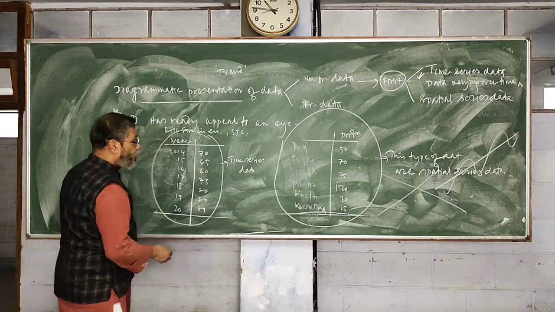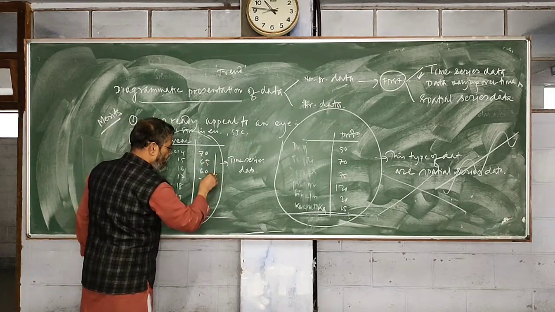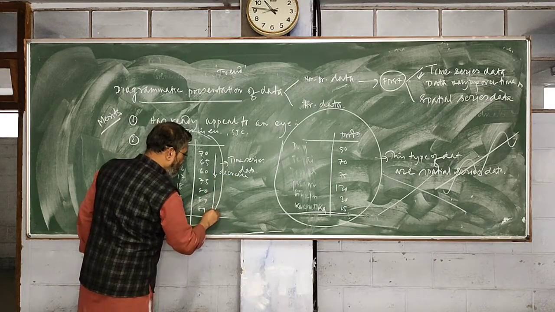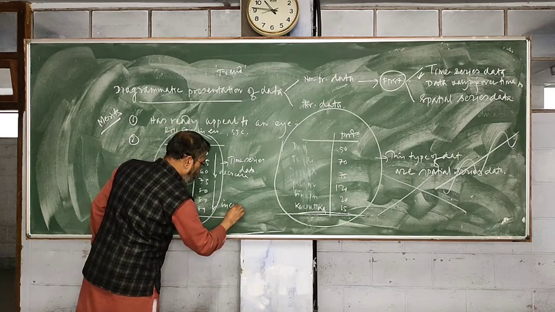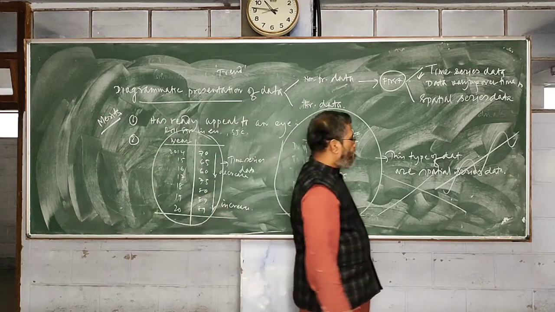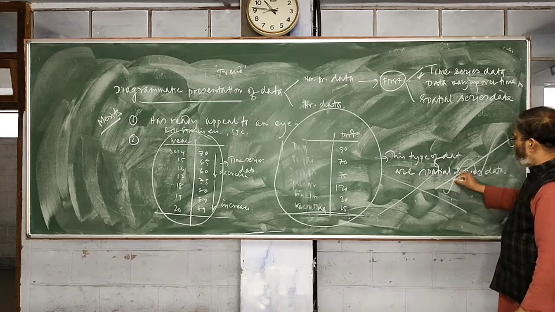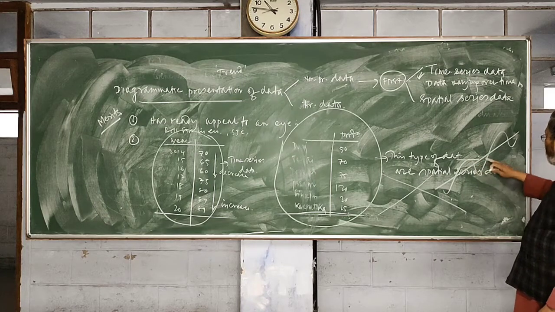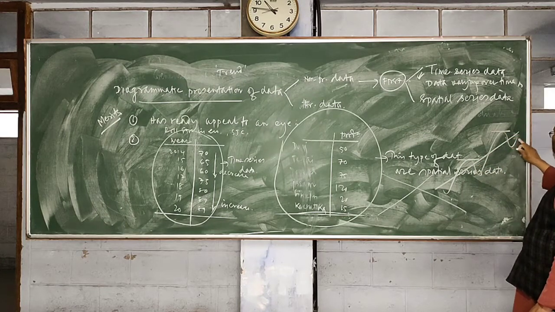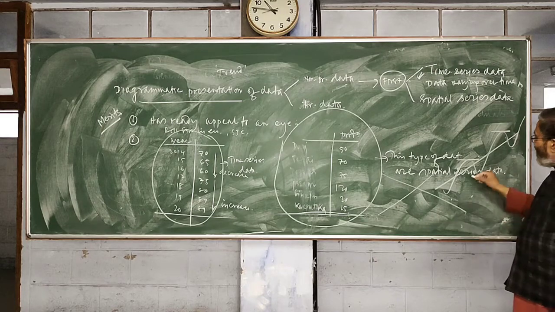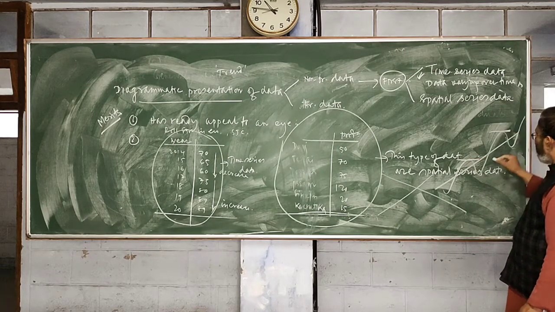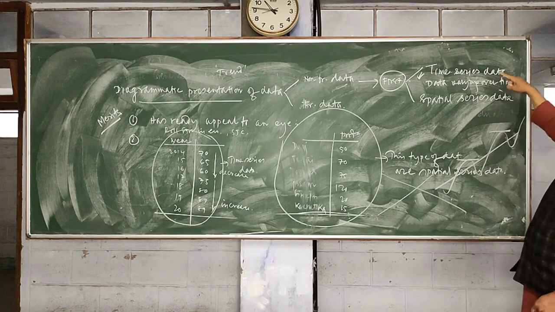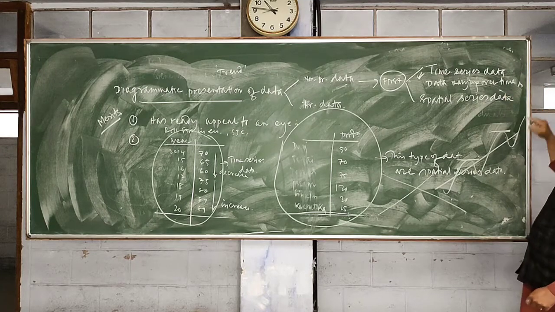Trend, and this is also called fluctuation. Decrease, again increase. In the diagram, increases, decrease, increases, decrease, increases. This is fluctuation. Fluctuation, up, again down, up, again down, up, again down.